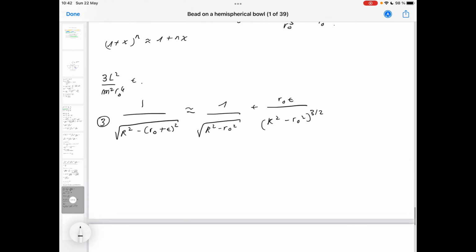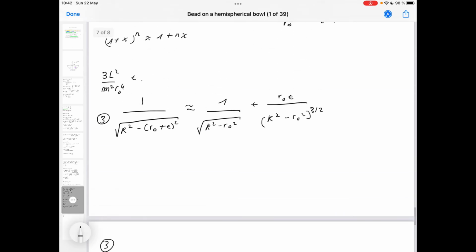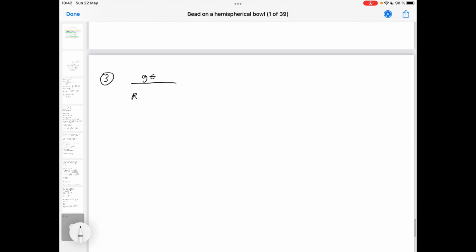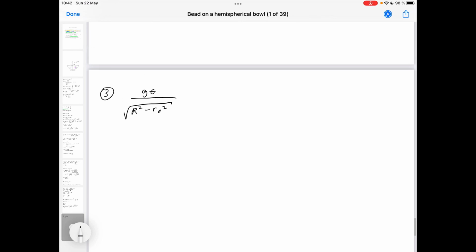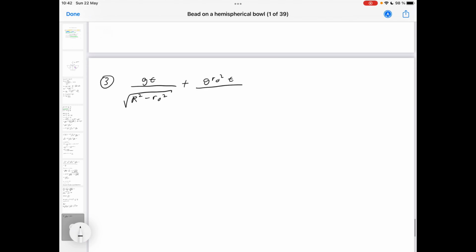And so therefore we see that we can approximate our third term. The third term just becomes g R naught squared epsilon over (R squared minus R naught squared) to the 3 halves.